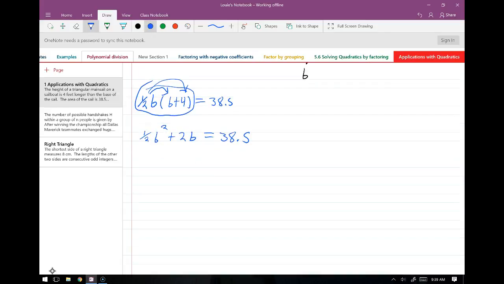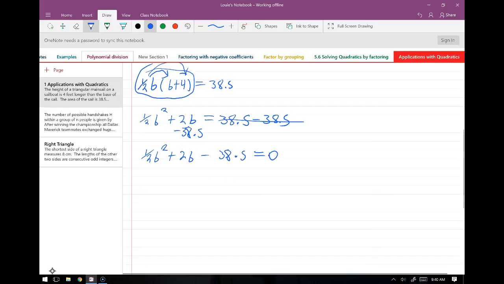Okay, so let's subtract 38.5 from both sides. These guys go away, and we get 1/2 b squared plus 2b minus 38.5, and all that equals 0.